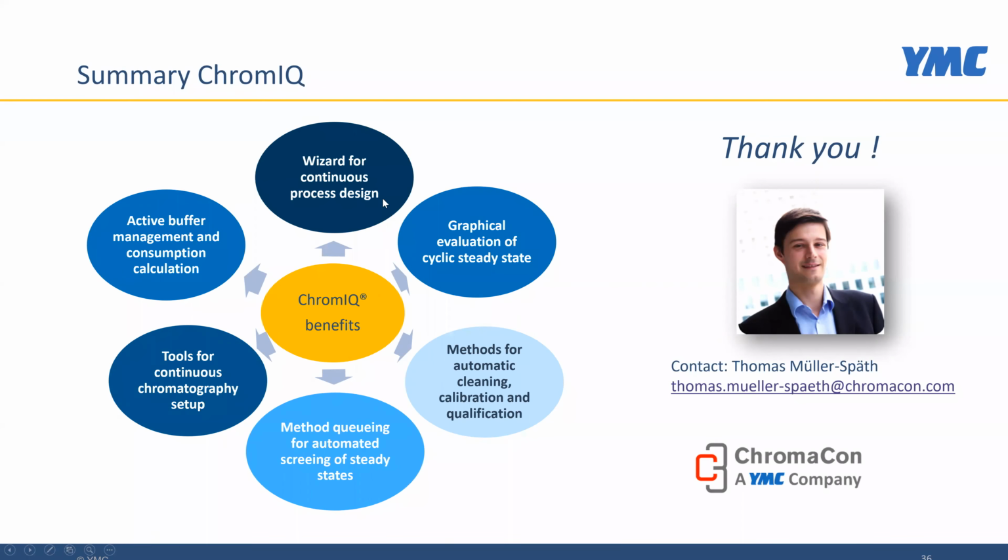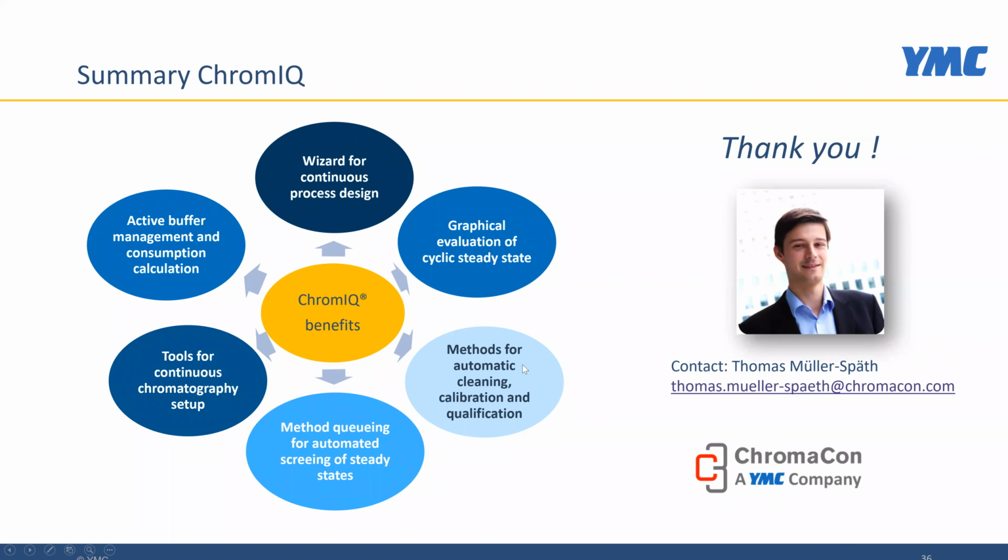The main features are the wizards for continuous process design, active buffer management and buffer consumption calculation, tools for setting up continuous chromatography, the column switching tool, the buffer priming tool, and method queuing for automated screening of a steady state.